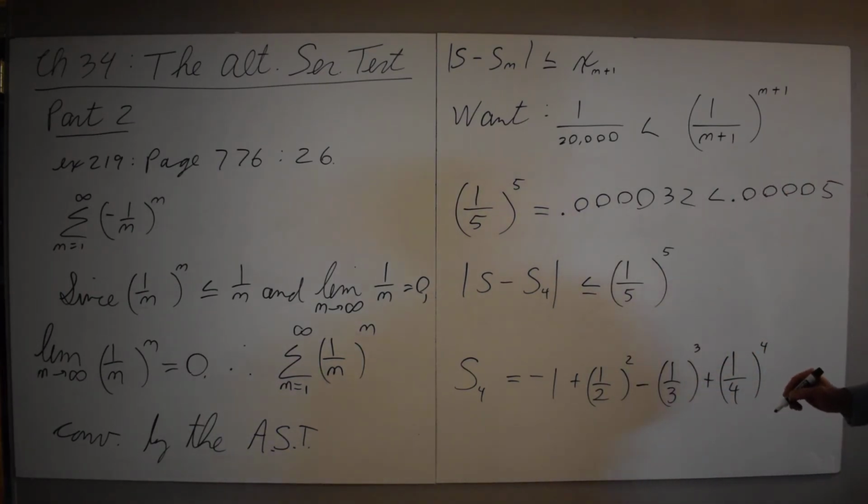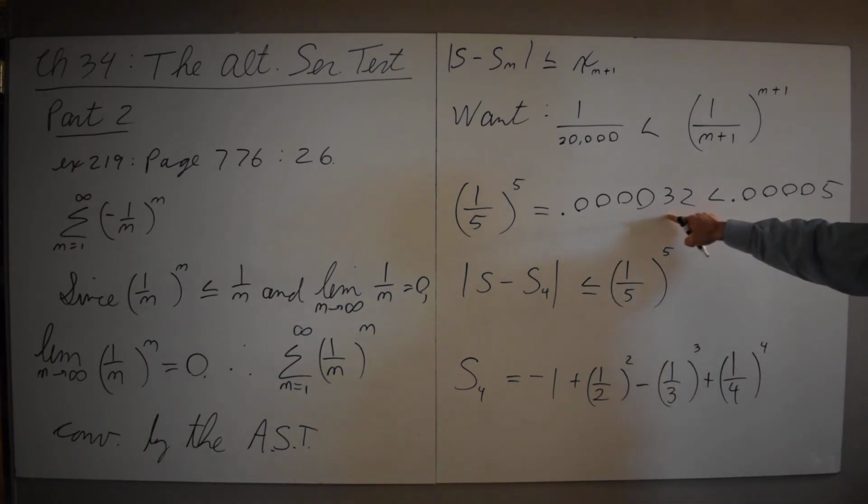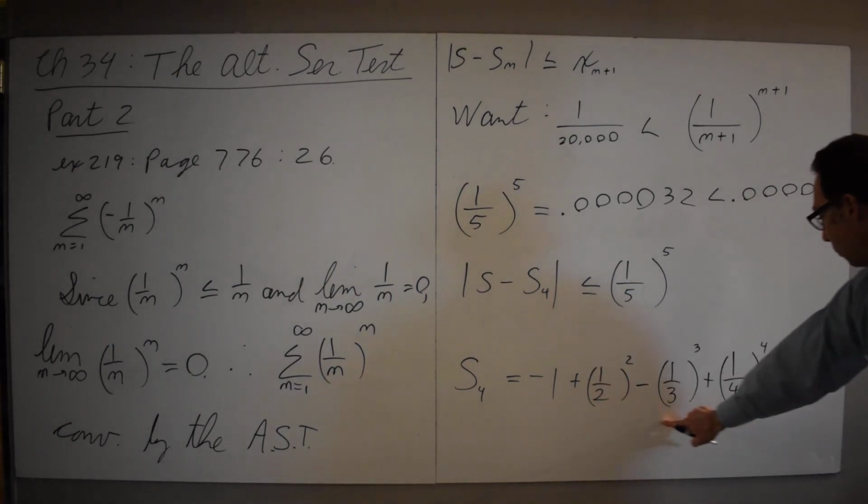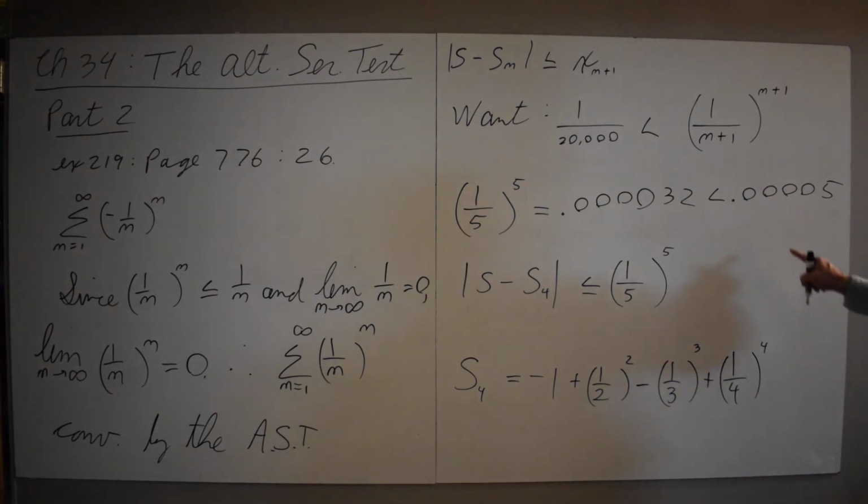Our fourth partial sum is within this distance of S. So when we look at S sub 4, we are within 1/20,000th of the true sum.